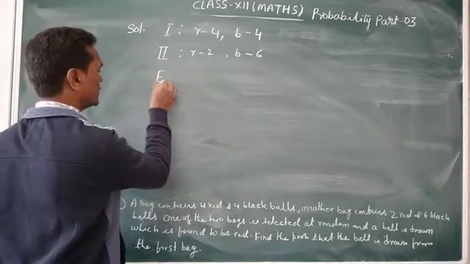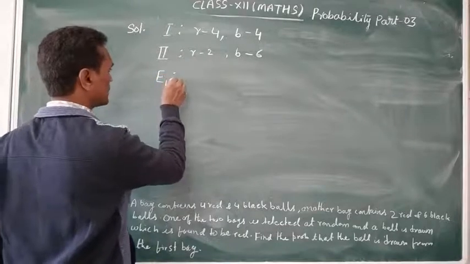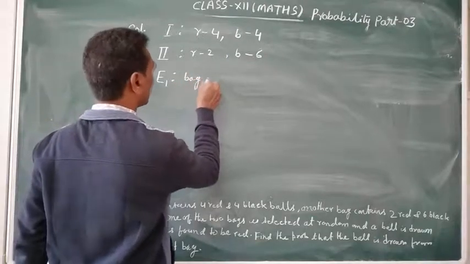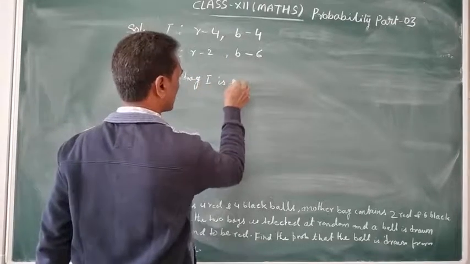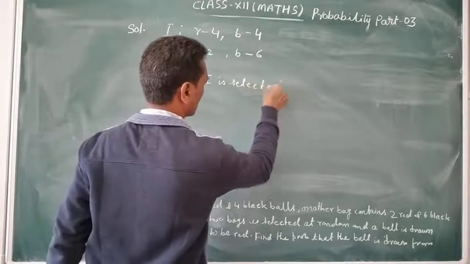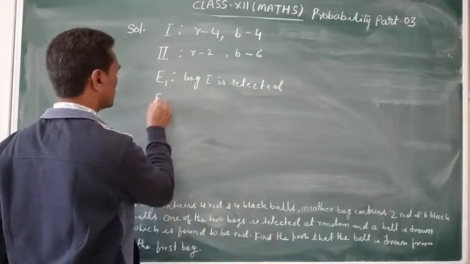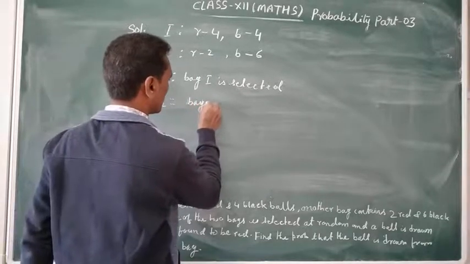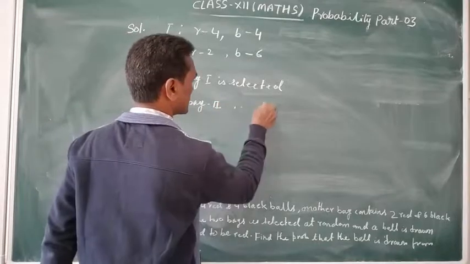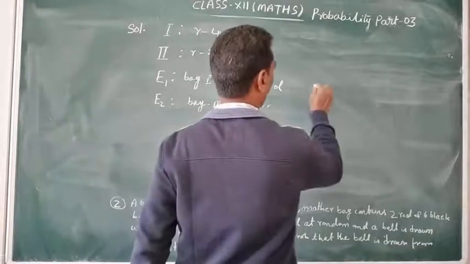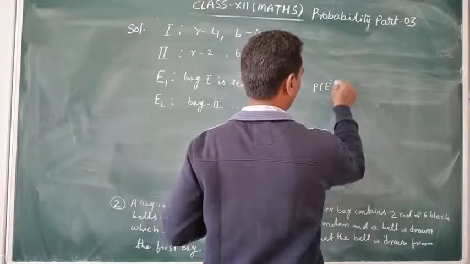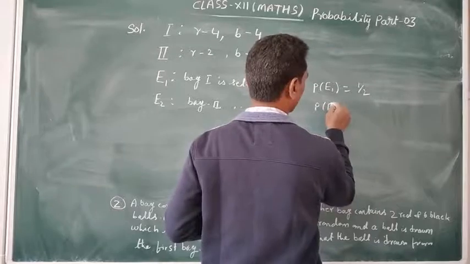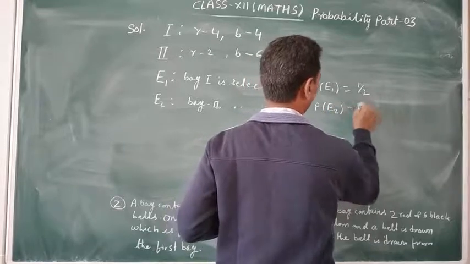Suppose E1 is the event that bag 1 is selected, and E2 is the event that bag 2 is selected. Obviously, the probability of E1 is 1 by 2. There are 2 bags, so the probability of E2 is 1 by 2.